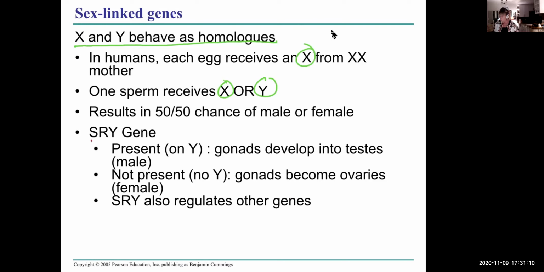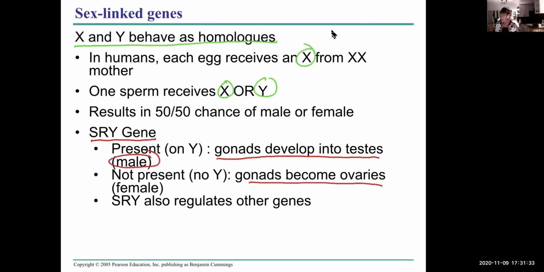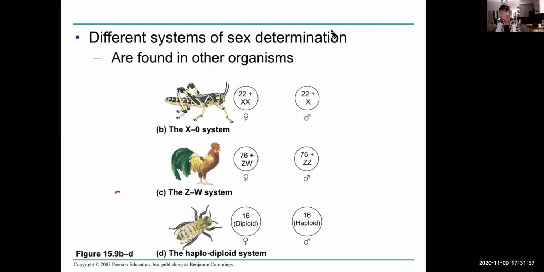So it's the SRY gene, or the sex determining region of the Y chromosome gene, that causes an embryo's gonads to develop into testes. If that gene is not present, then the gonads become ovaries. And the SRY gene does regulate some other genes as well.